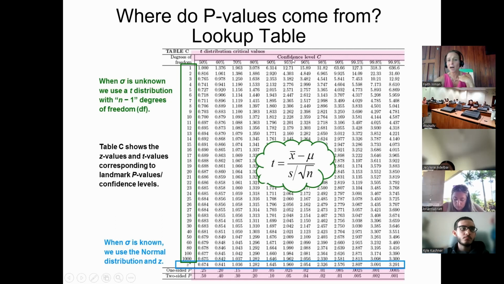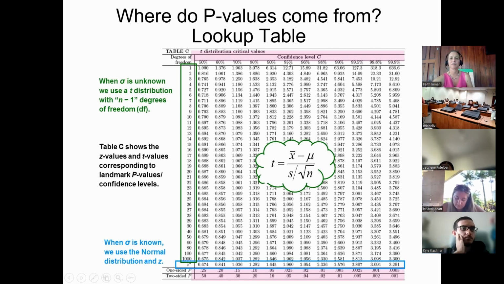Then on the top, you decide your confidence level. If our alpha is 0.05, you say 1 minus 0.05 is 0.95. Convert that to a percent, since confidence intervals are usually expressed as percentages. So at an alpha of 0.05, that means a 95% confidence interval.